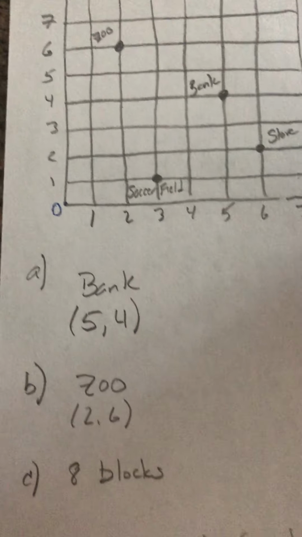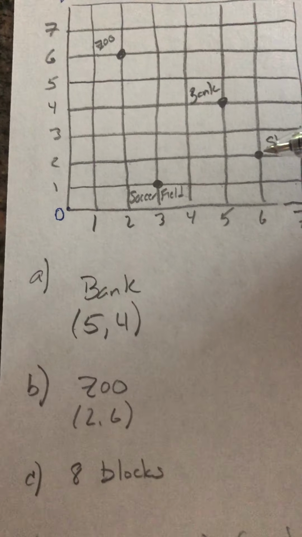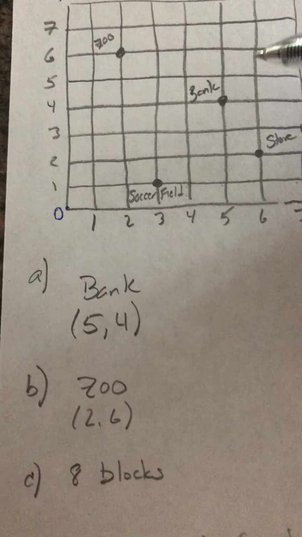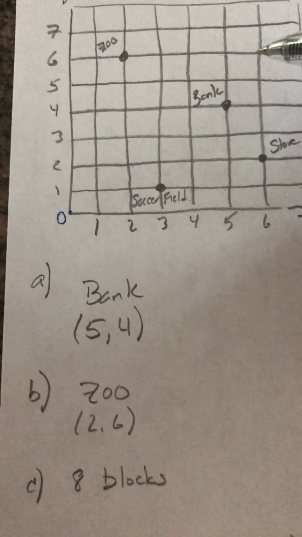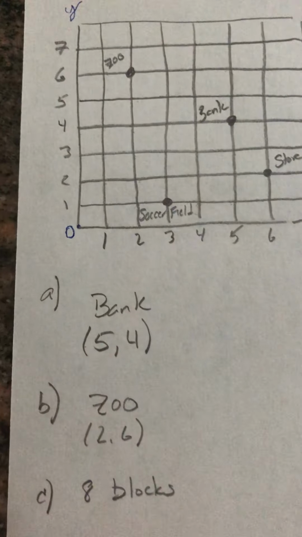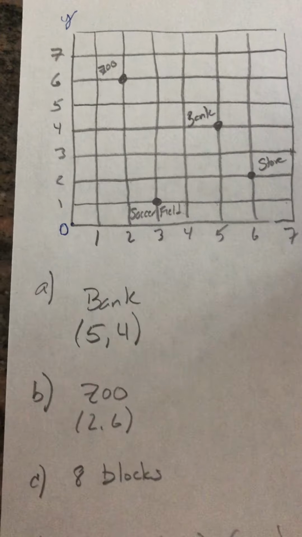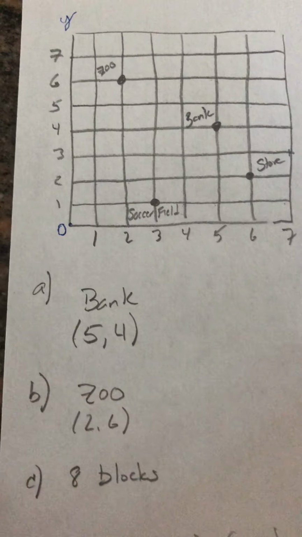So it'd be 8 blocks in total once we go up. Same thing here, if I do from the store, I could go up 1, 2, 3, 4 blocks, and I'd go to the left 1, 2, 3, 4 blocks. So again, we get a total of 8 blocks. So again, it doesn't really matter which direction you go, you'll still end up with the same amount.